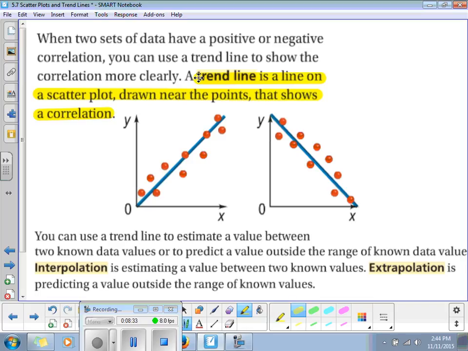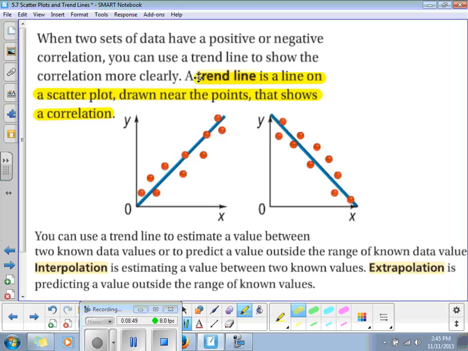Now you can use a trend line to estimate a value between two points, or between the data. And you can also use that trend line, if you extend it, to make predictions.